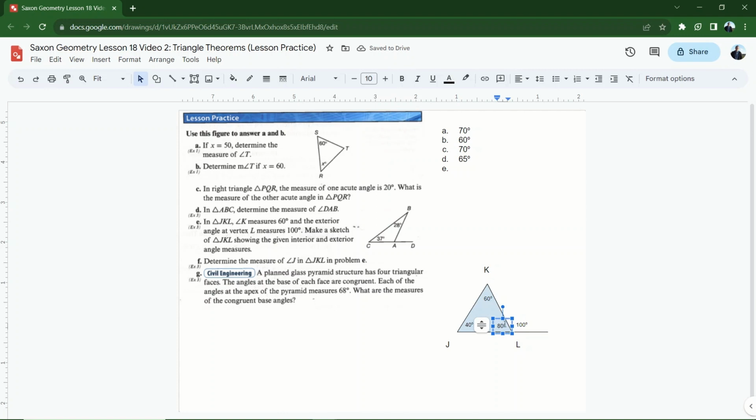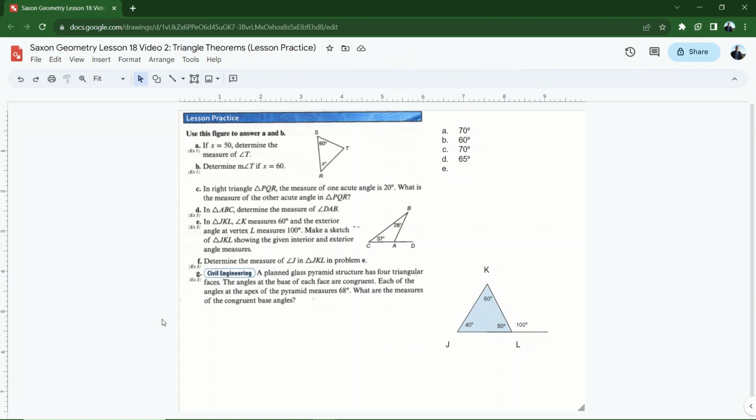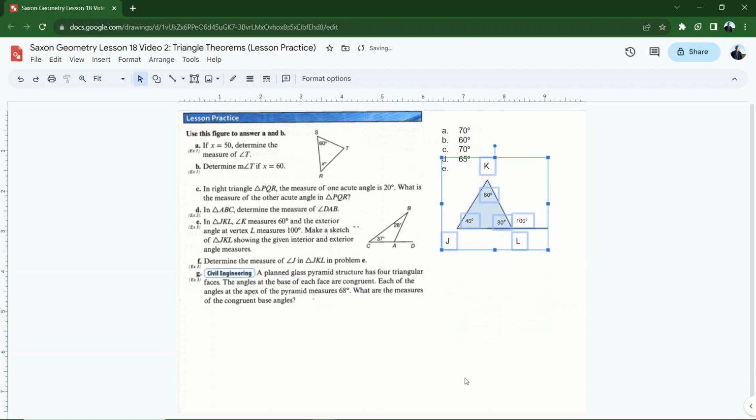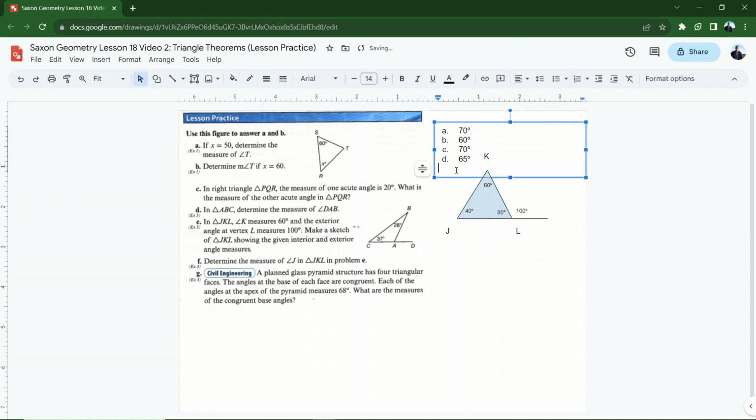Also, it's supplementary to this 100 degree angle. So those are all the angle measures I actually know for letter E. So let's just move this up by letter E. There we go.